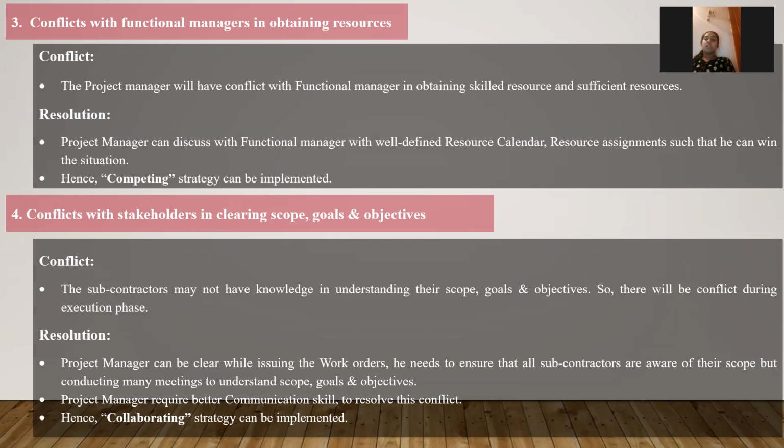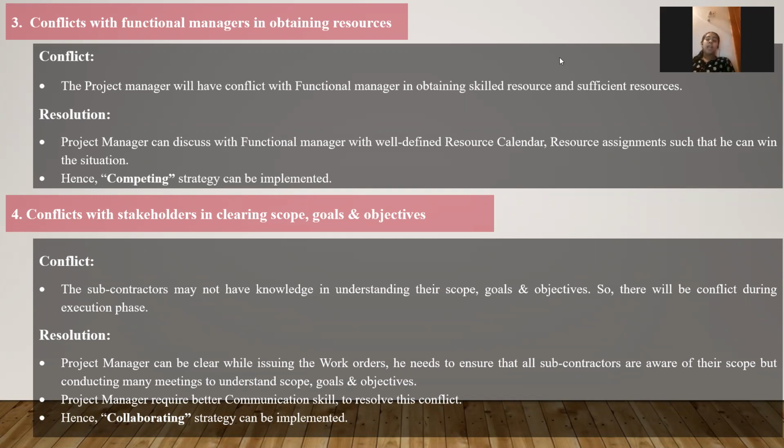And the next one is conflict with stakeholders in clearing scope, goals, and objectives. A subcontractor may not have knowledge in understanding these scope, goals, objectives, etc. So there can be a conflict during the execution phase.